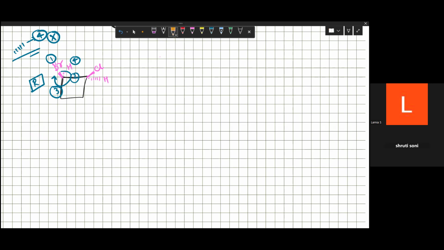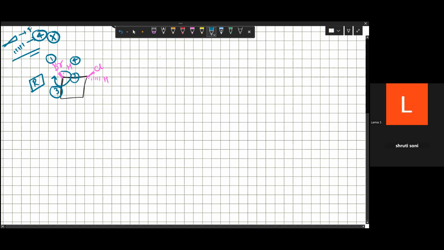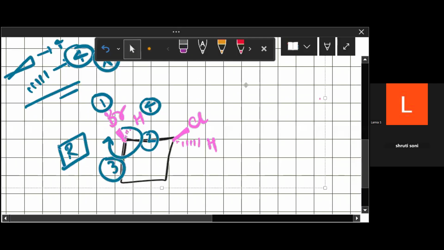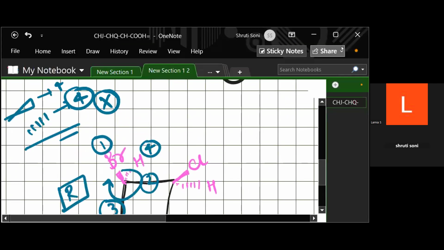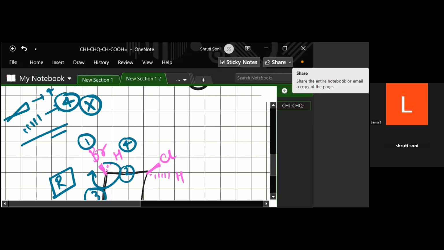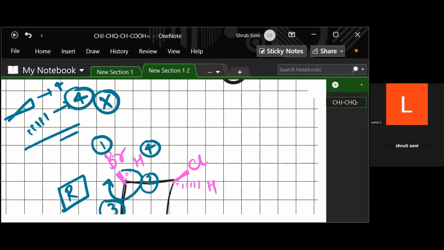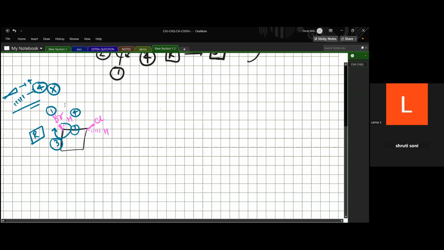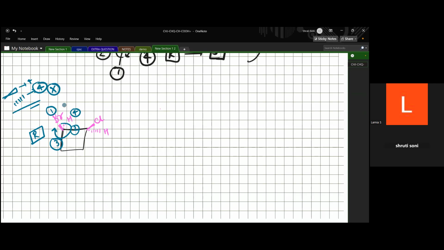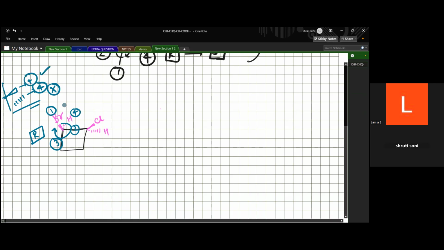If it is on the wedge side, then we are going to change that. But this is only in terms of 3D structure.